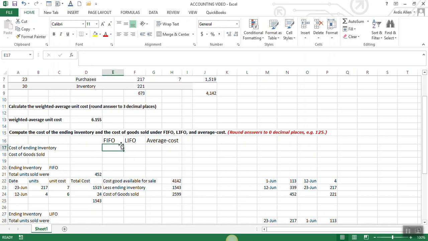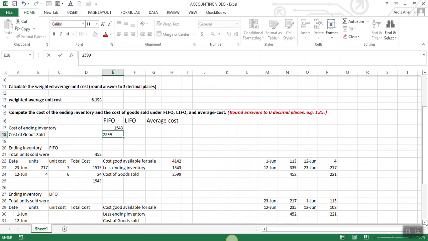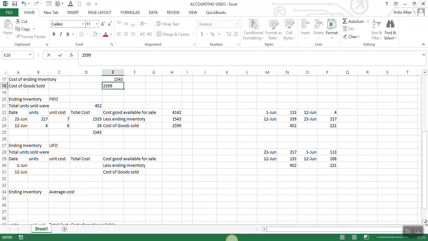So for FIFO, the cost of ending inventory is 1,543, and the cost of goods sold is 2,599.